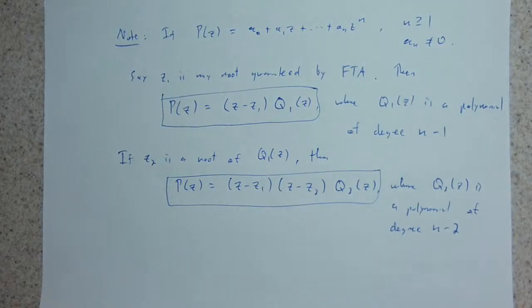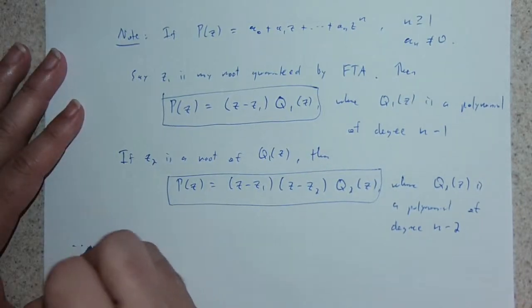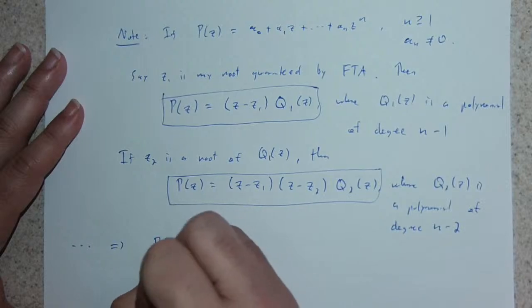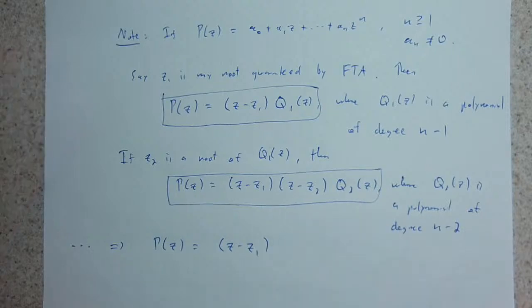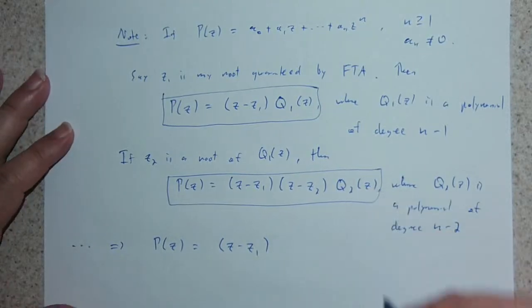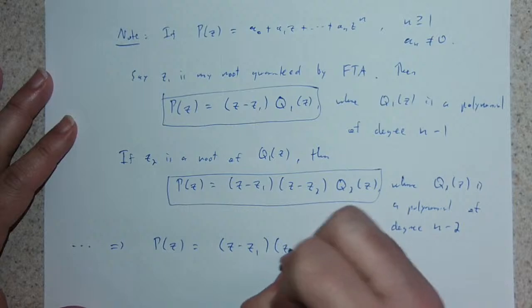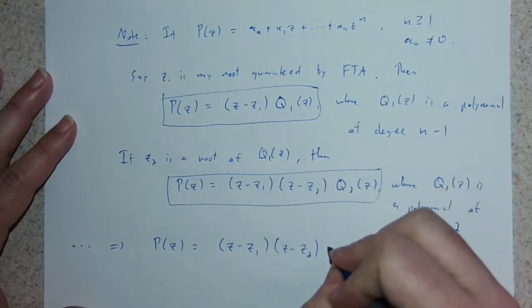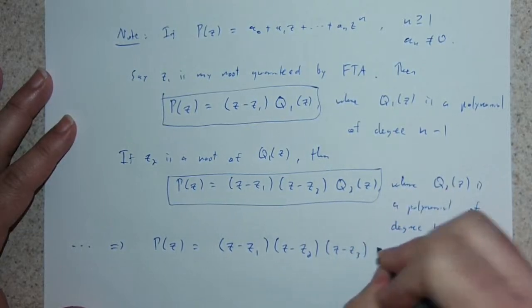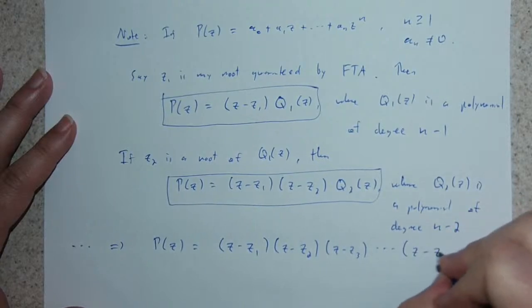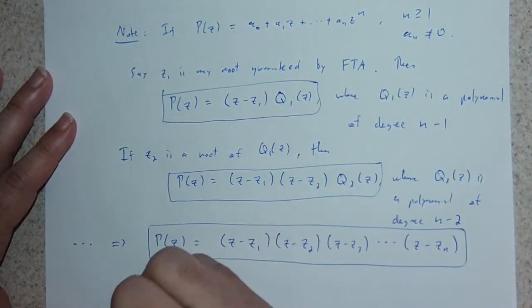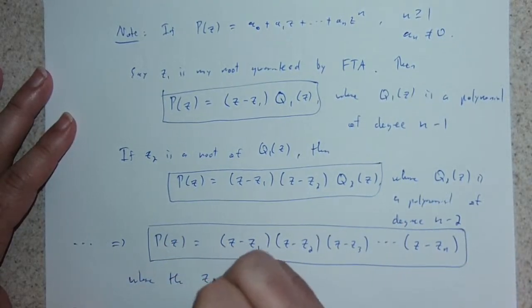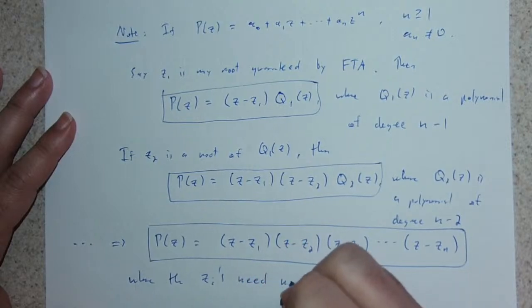So continuing on, what does this mean? P of z is equal to z minus z sub 1 times z minus z sub 2 times z minus z sub 3, and so on, times z minus z sub n, where the z sub i's need not be distinct.